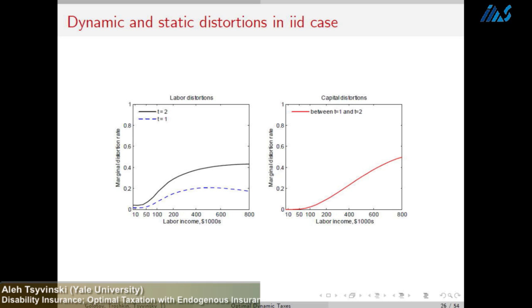This is the second period labor distortion, which is exactly the same as the static. The world ends, and this is the first period labor distortion. You can see how you can just lower the labor distortion early in life at a cost of increasing the capital tax, and it goes down to zero later on in the first period. So this is just an illustration.